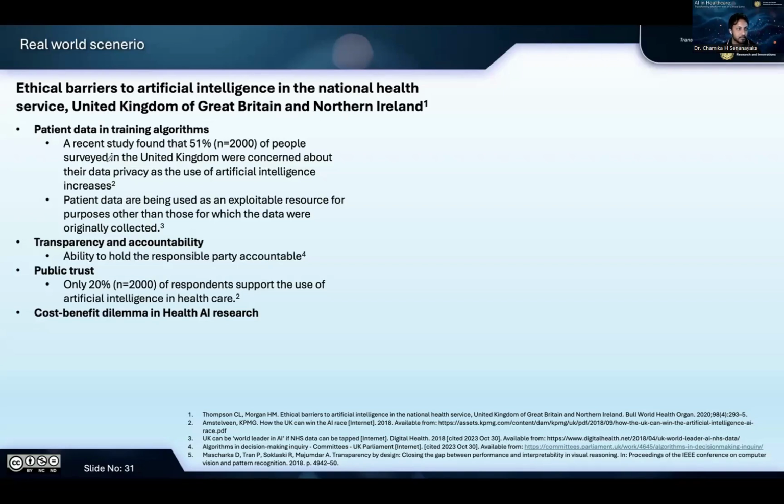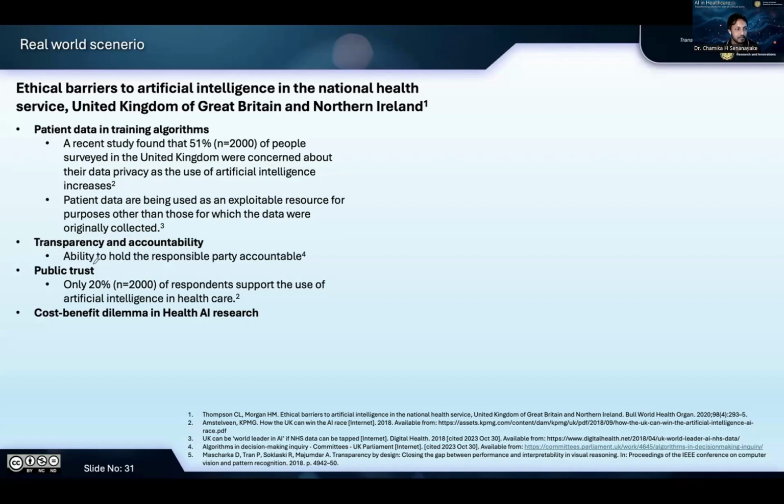They found that 51% of the people surveyed in the UK were concerned about their data privacy with the use of AI, and patients' data being used as an exploitable resource for purposes other than those for which the data were originally collected.